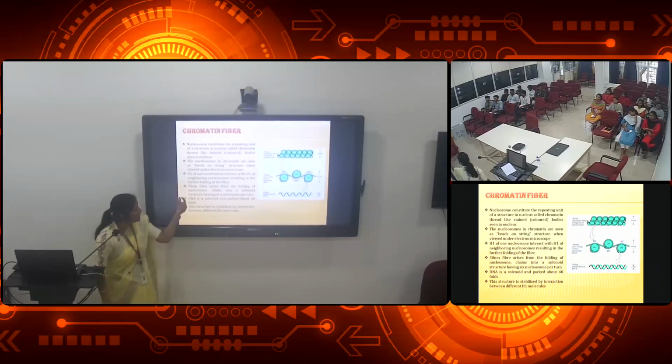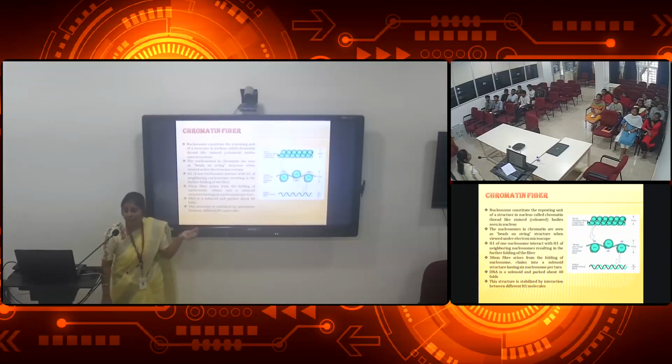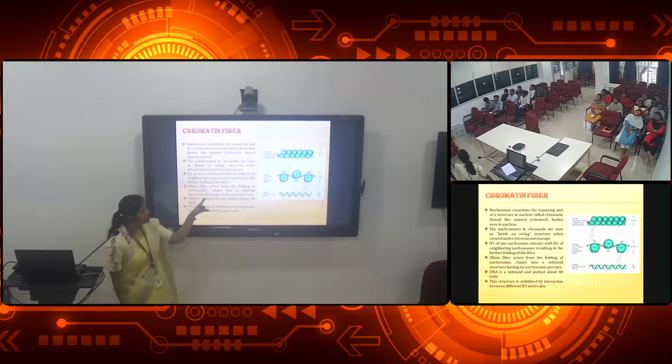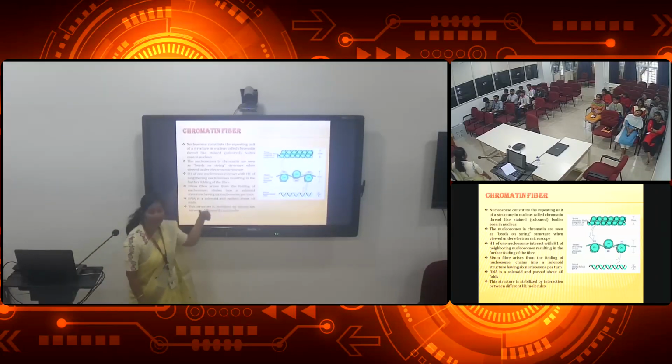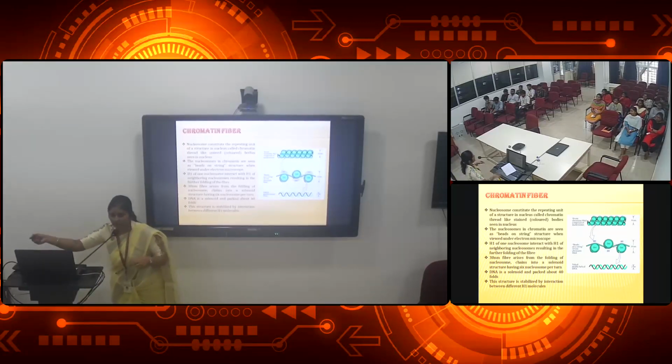The size of the fiber is 30 nanometer. This structure is called a solenoid structure. This is the second order of DNA packaging.